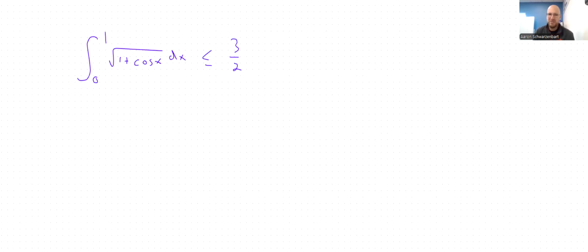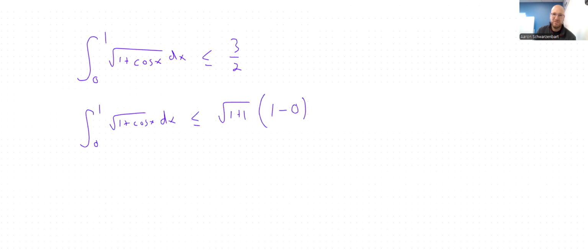What is the maximum value you can ever get for cosine? 1. And that would be at 0, so that is in that interval. 2 times the interval, which is just square root of 2, which is definitely less than 3/2. That makes sense?